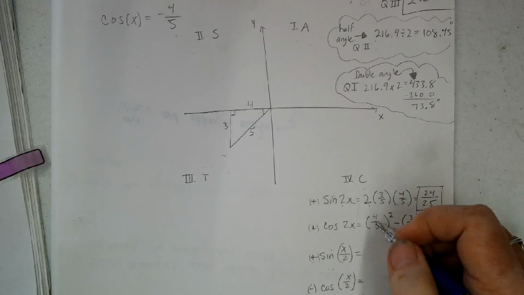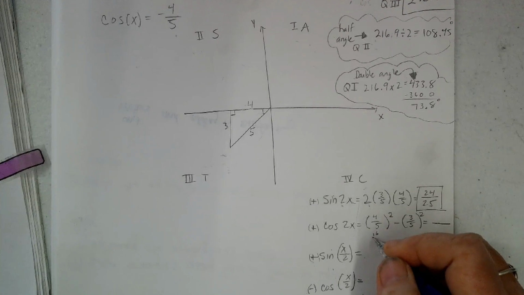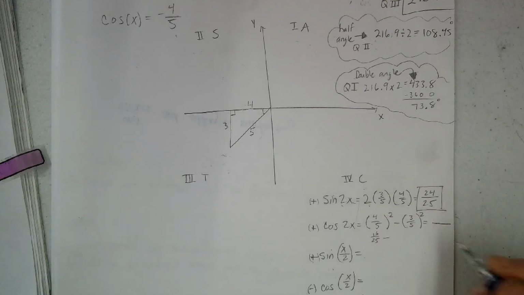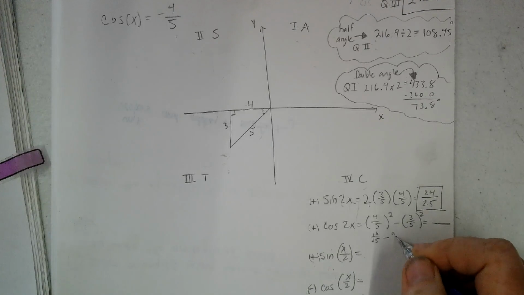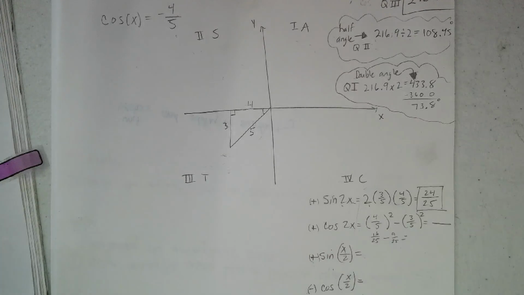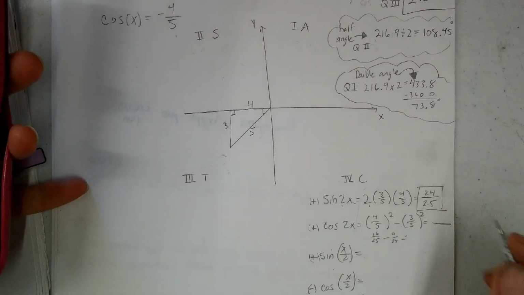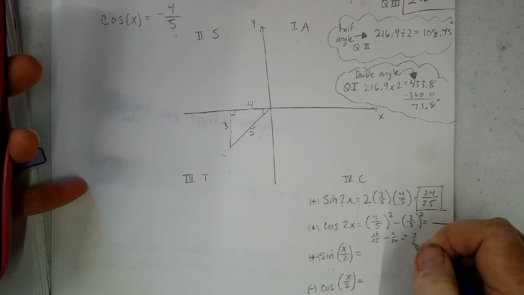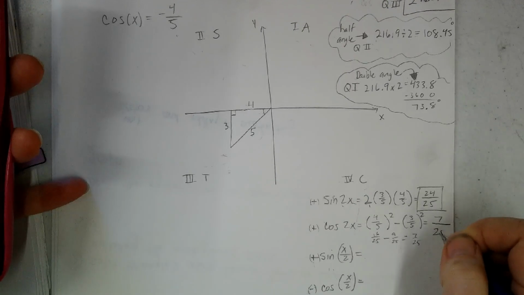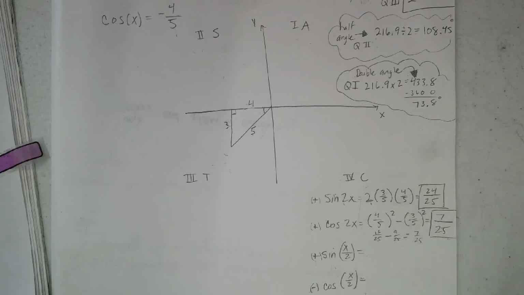I don't think I have enough room here. So that's 16 over 25 minus 9 over 25. So I got 7 over 25. Let me do a fact check on that and see if that's correct. Yep, that's correct.